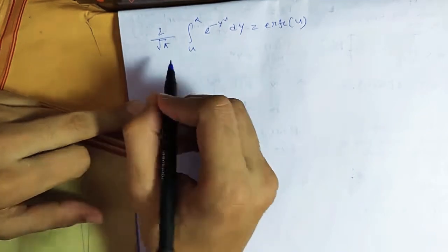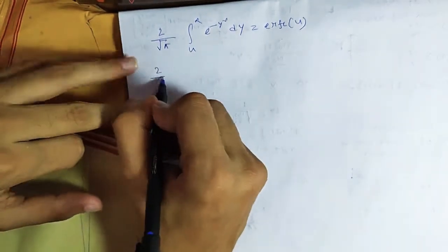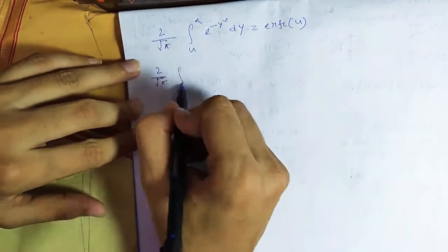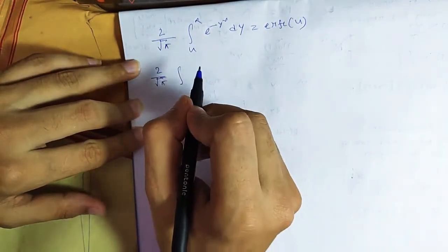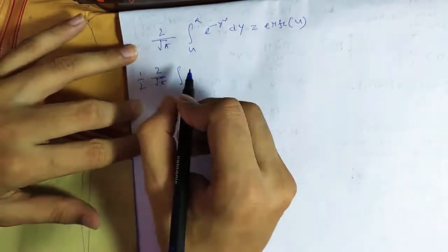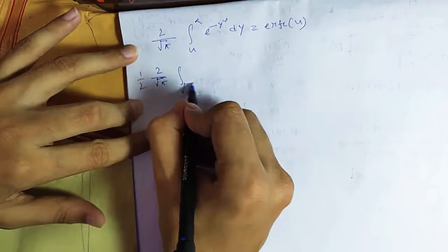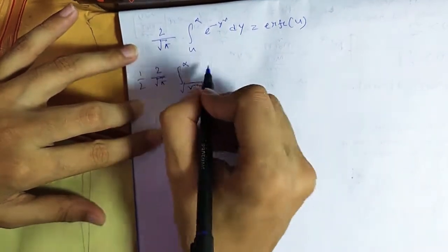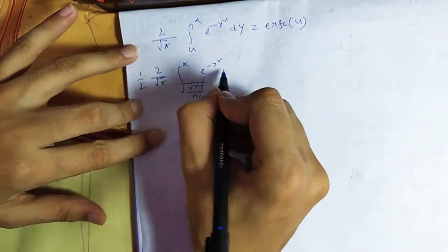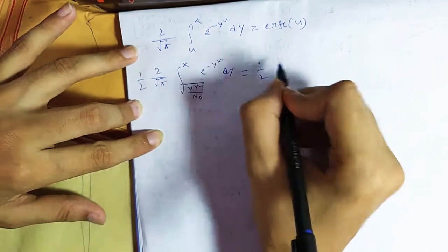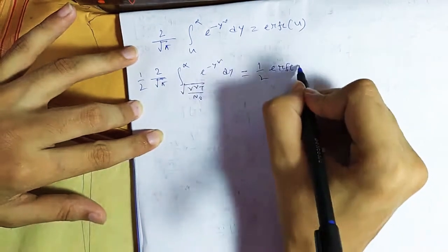So our integration, 2 by root pi, 1 by 2 by root pi, from root over v square T divided by n0 to infinity of e to the power minus y square dy, will be equal to 1 by 2 ERFC.